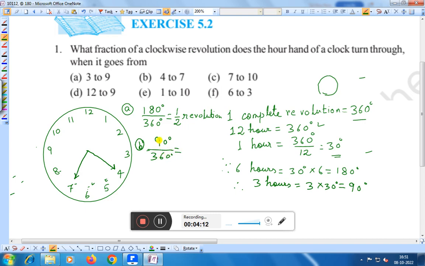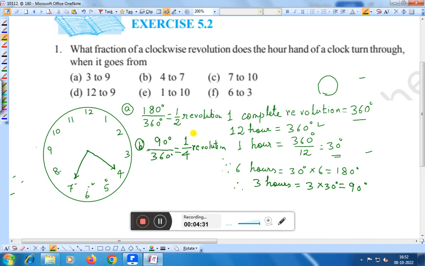That means cut it, 4 9 36, that is 1 by 4th revolution. This is question number B, 1 by 4th revolution.